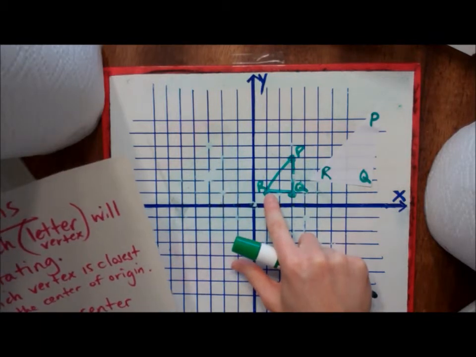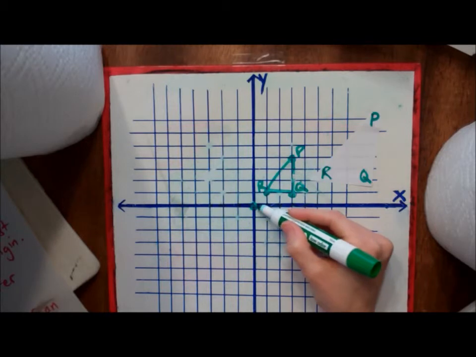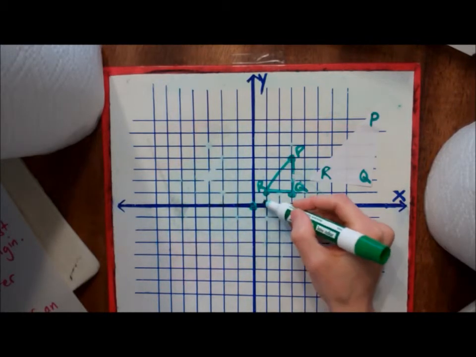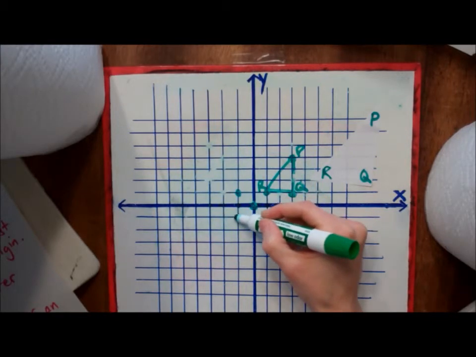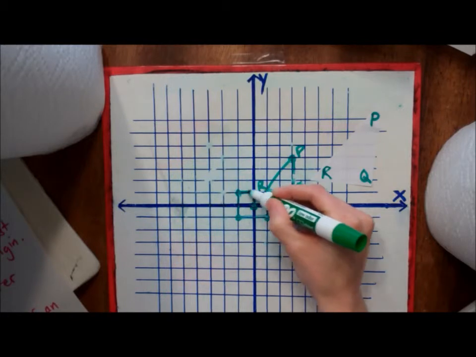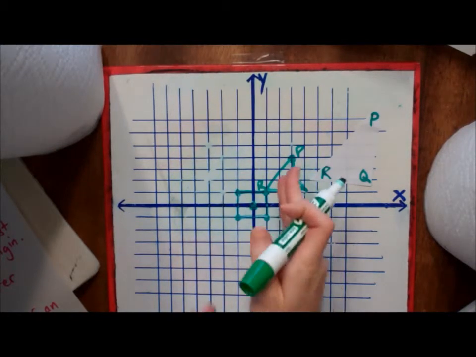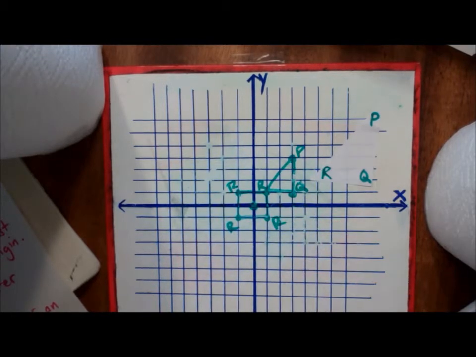R is. So let's set up our center of origin. It is from 0, 0, it is 1, 1. So as we rotate it, R will always be here, no matter where we rotate it.